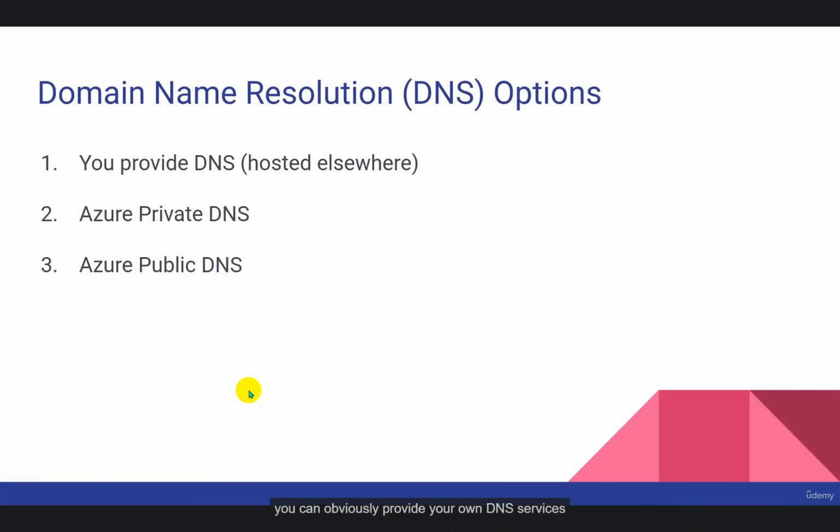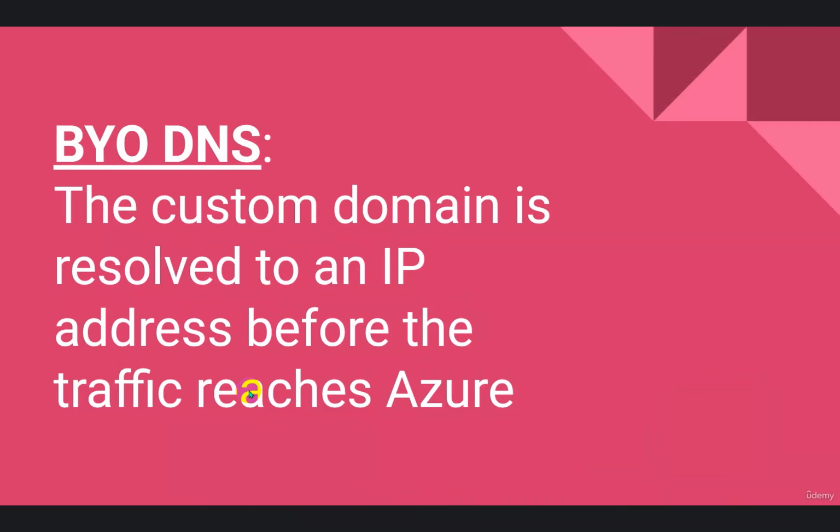You can obviously provide your own DNS services, host it elsewhere, maybe your registrar, maybe on your own premises. You can use the private DNS services within Azure. We'll talk about that. You can use a public DNS service that we'll talk about. And there's even a domain, app domains, which we'll talk about.